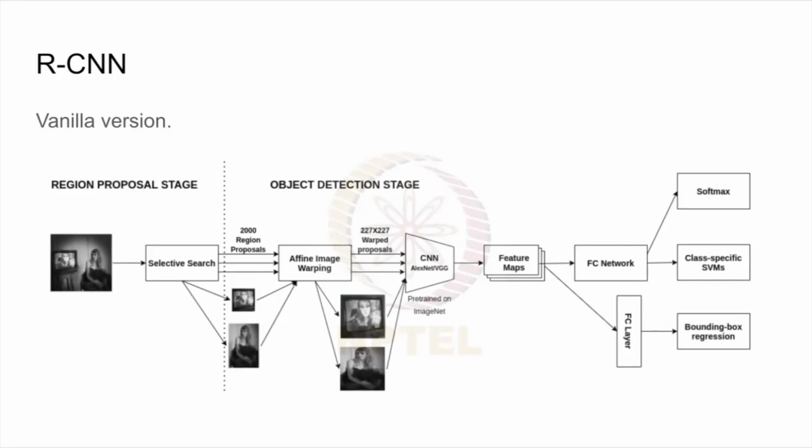But since we're working with the region proposals, the output of the region proposals will give us the mouse and the cat separately. We can resize the mouse and resize the cat to the dimension that is required by the CNN architecture in the next layer, and everything will be resized to 227 by 227.